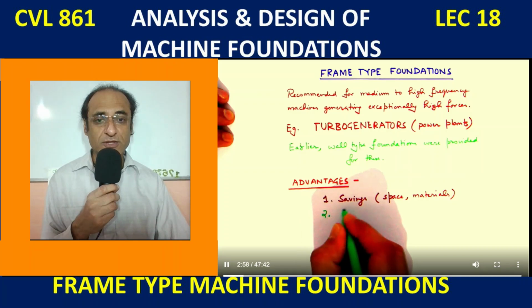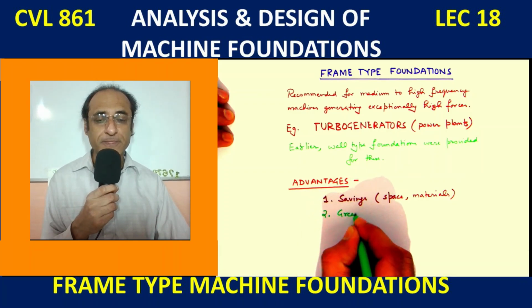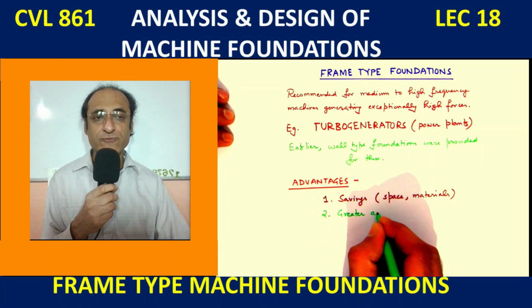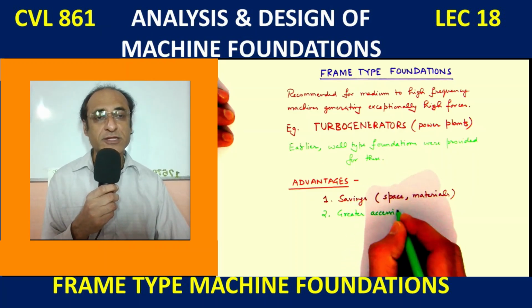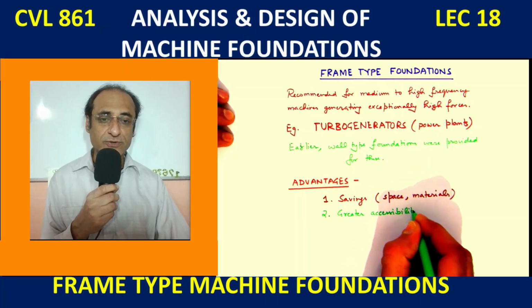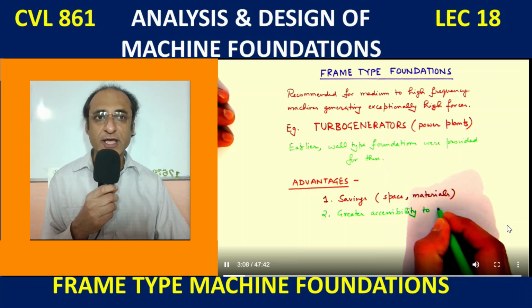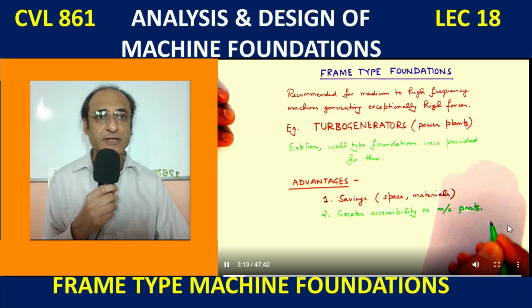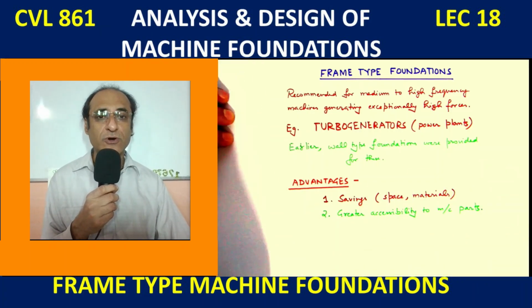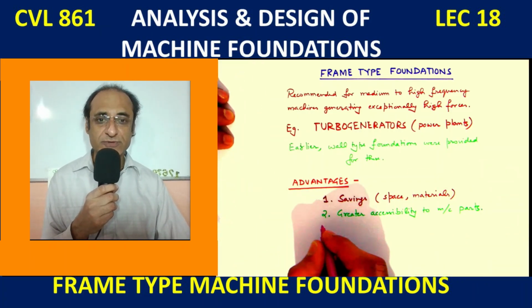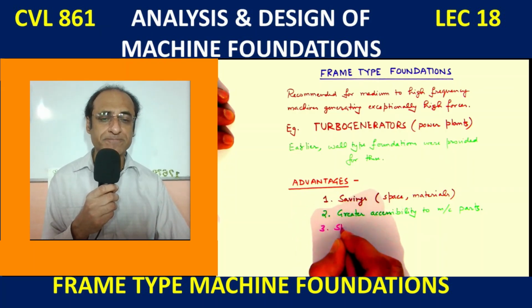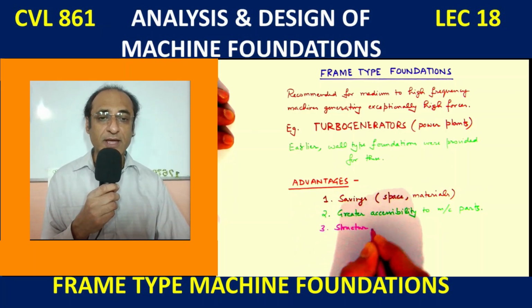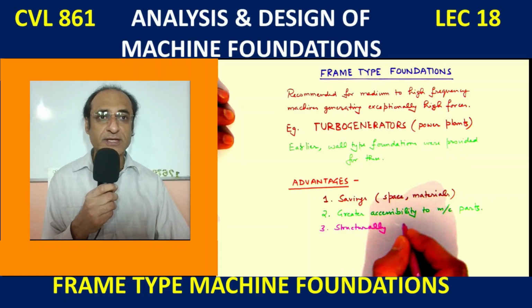Secondly, because we are providing a frame, and a frame has a lot of openings, this provides greater accessibility for servicing of the machine. Typically there is a platform also, so operators and service personnel can just climb and walk over it, and they can access any part.